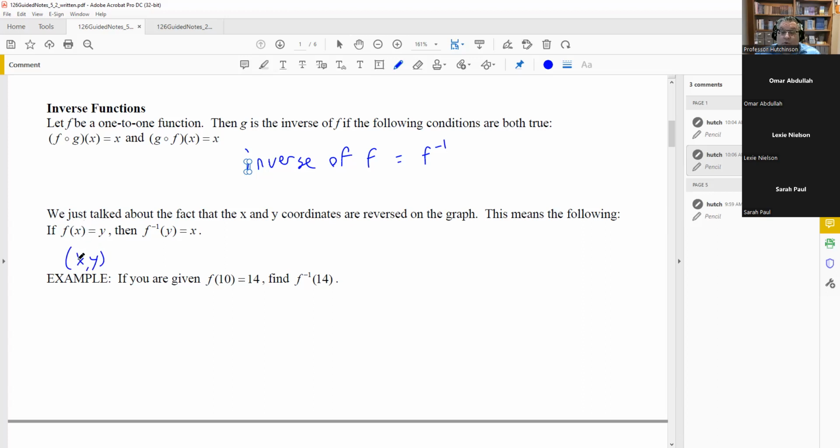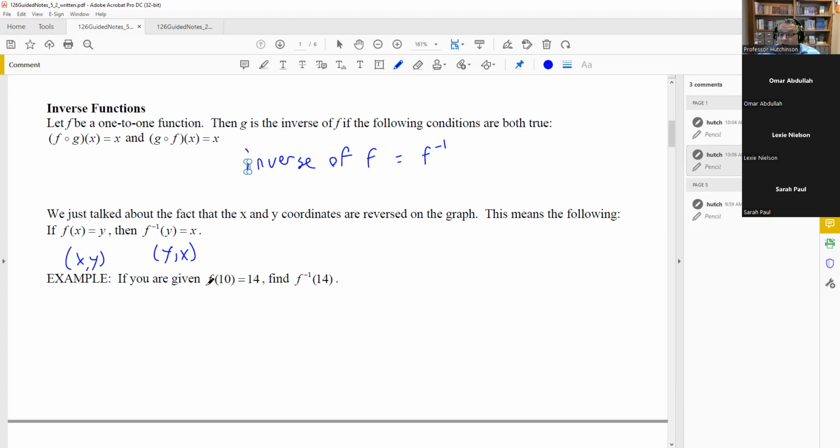Well, if you take this point and you move it over to the inverse, the x and the y actually switch on the inverse. So if you have one point x, y that's on the original one, we know that the point y comma x is actually going to be on the inverse. That's actually what this definition here tells us.